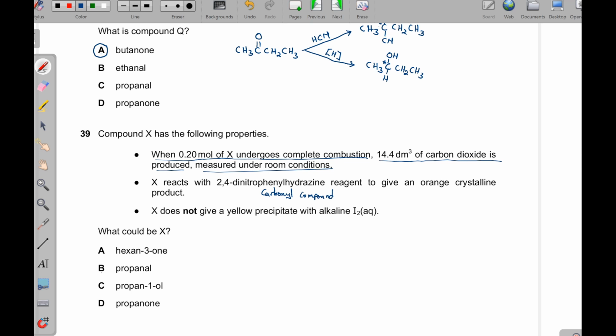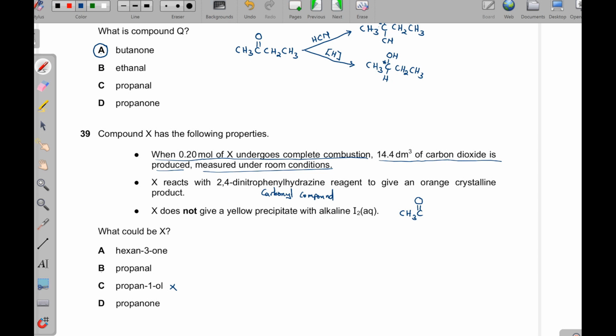Are we there? When we look through the options, this one is an alcohol, so take it off. This is carbonyl, carbonyl, carbonyl, okay? Then next, X does not give a yellow precipitate with alkaline iodine. Now, substances which give a precipitate with alkaline iodine, they must be having CH3, then C=O, okay?